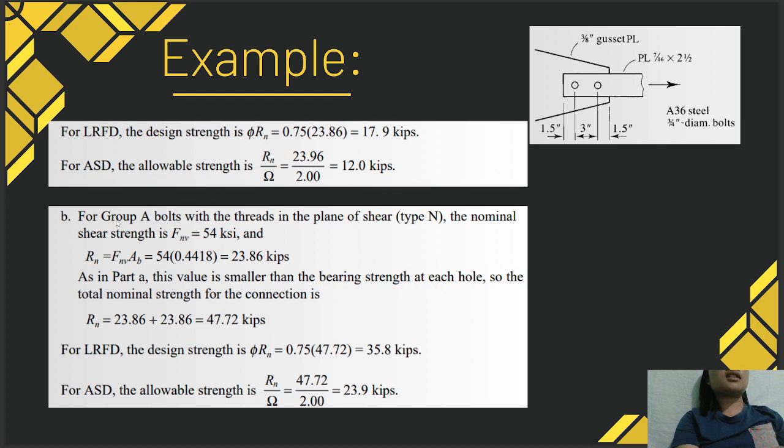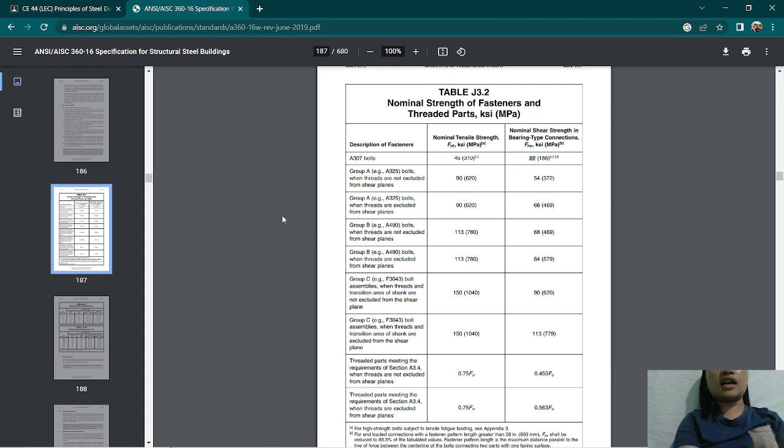So next is for Group A bolts with the threads in the plane of shear. To get the Fnv, we look at the table, under Group A. For Group A bolts where the threads are not excluded from shear planes, the nominal shear strength is 54.